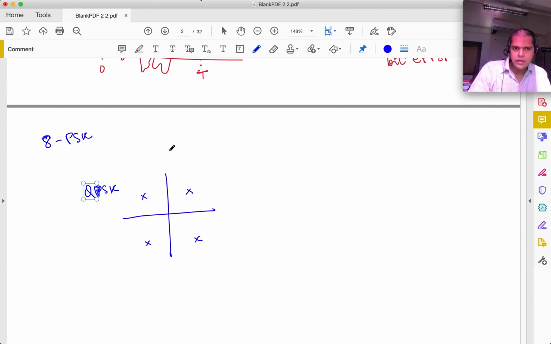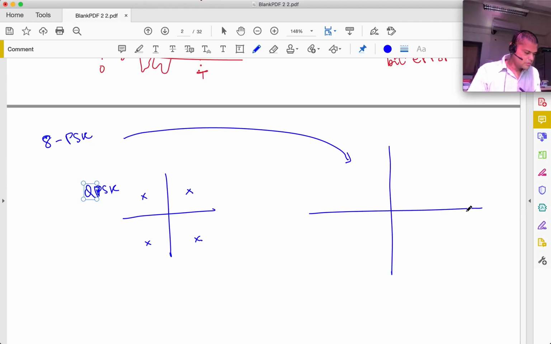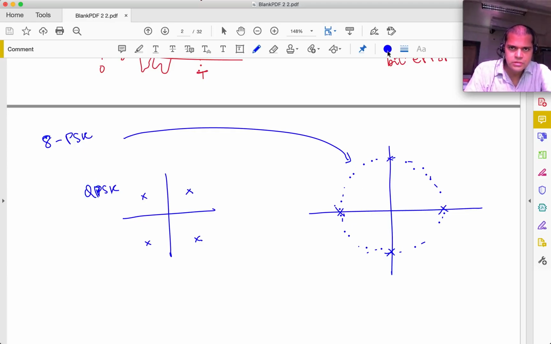So with 8PSK, what we can do is like this. Let's say I just draw a circle like this. And I can choose more than 4 points. Suppose I start off with 4, but I also choose some other points.